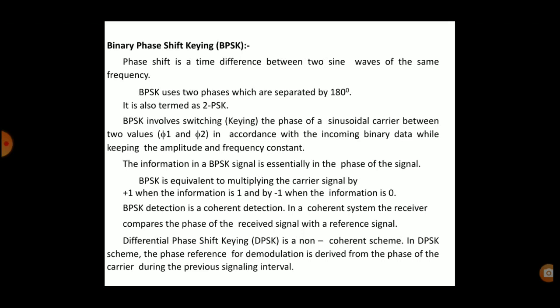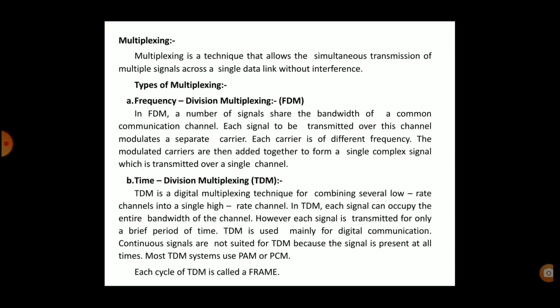In a coherent system, the receiver compares the phase of the received signal with a reference signal. Differential phase shift keying is a non-coherent scheme. In a DPSK scheme, the phase reference for demodulation is derived from the phase of the carrier during a previous signaling interval.